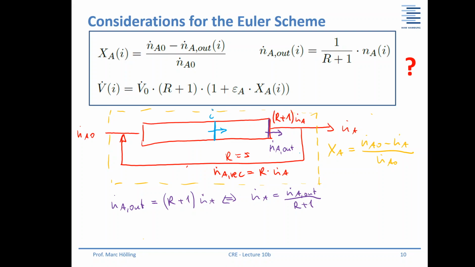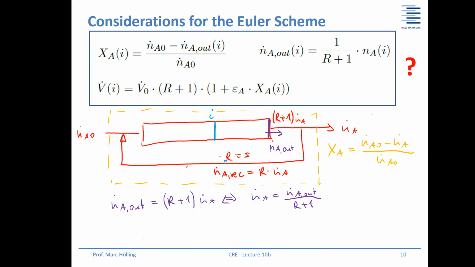We are discretizing the reactor into different slices, and this is our position i. If we assume that our reactor already finishes here, then a part of this mole flow must go back to the inlet, and the other part leaves the reactor. Just like we did at the end, we can say it for every position inside the reactor.